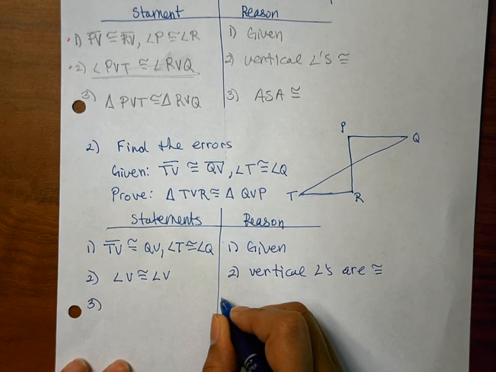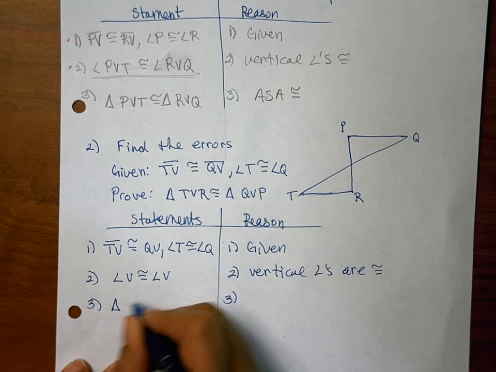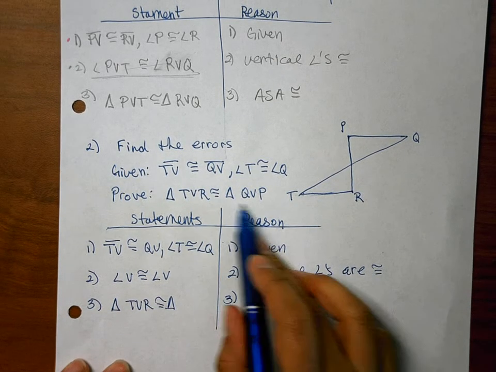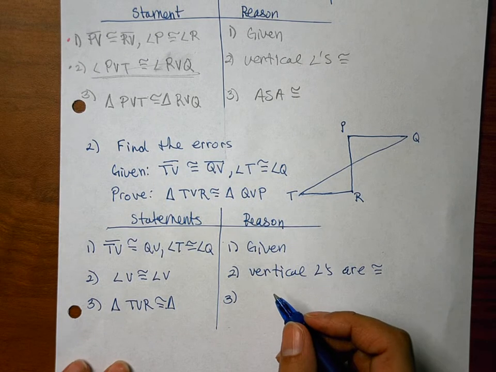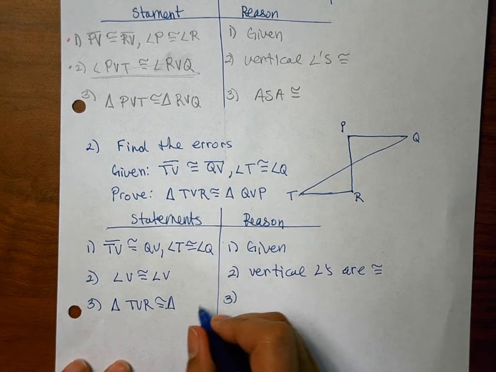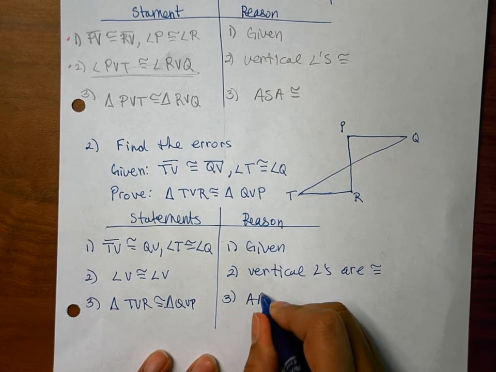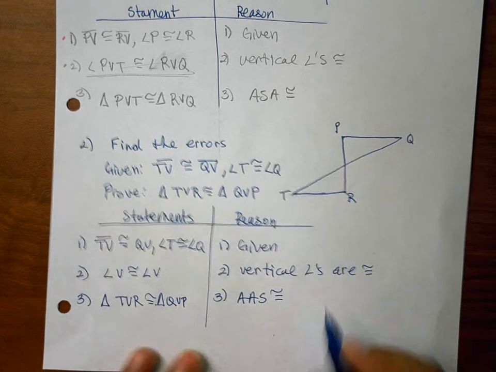And number 3, triangle TVR is congruent to triangle, they gave it to us on that one, QVP, because of angle, side congruency.